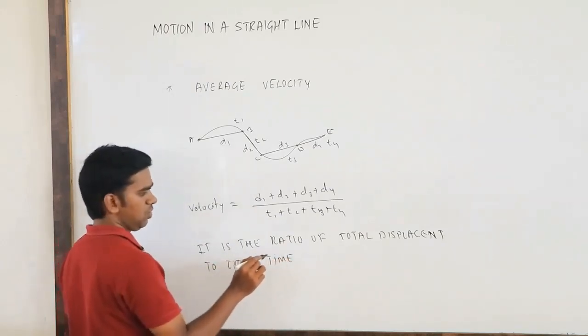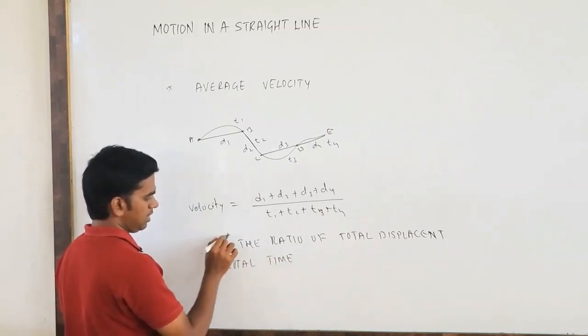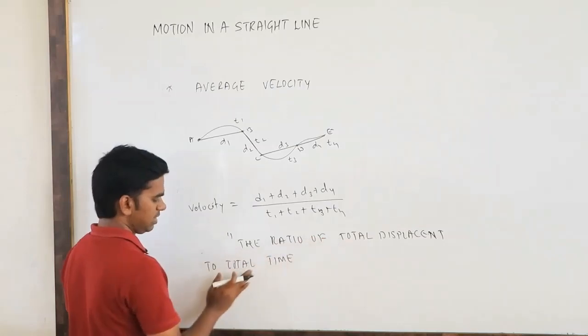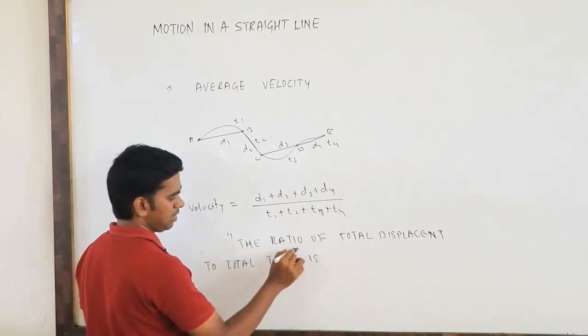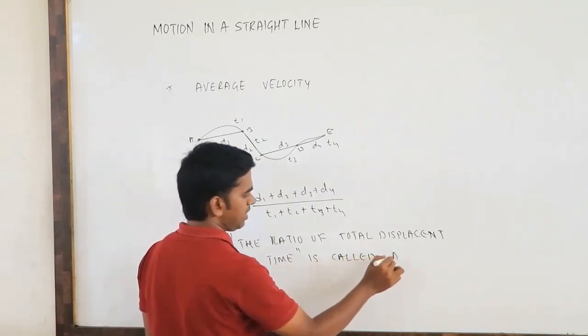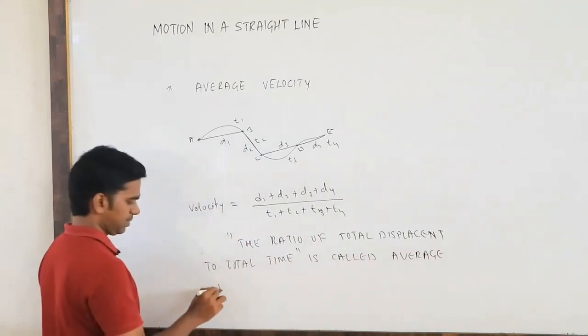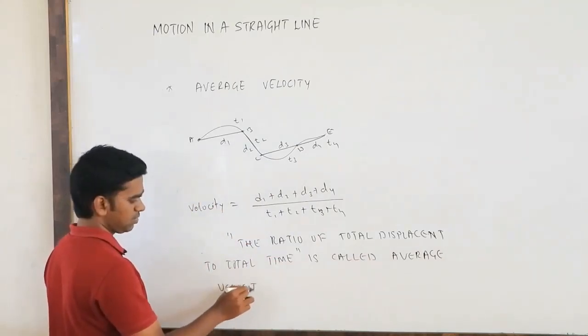The ratio of total displacement to total time is called average velocity.